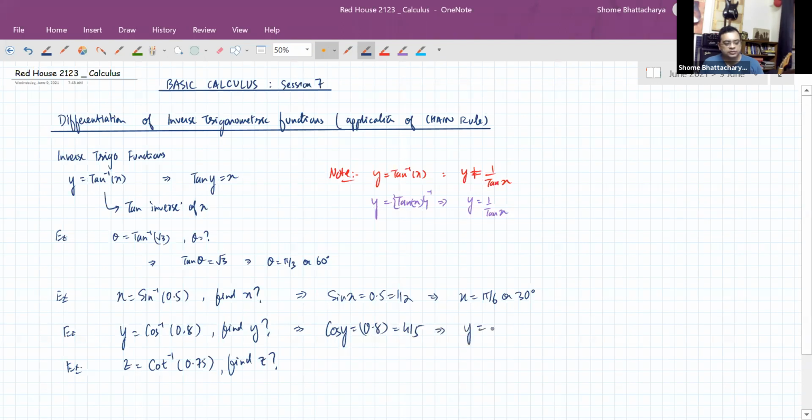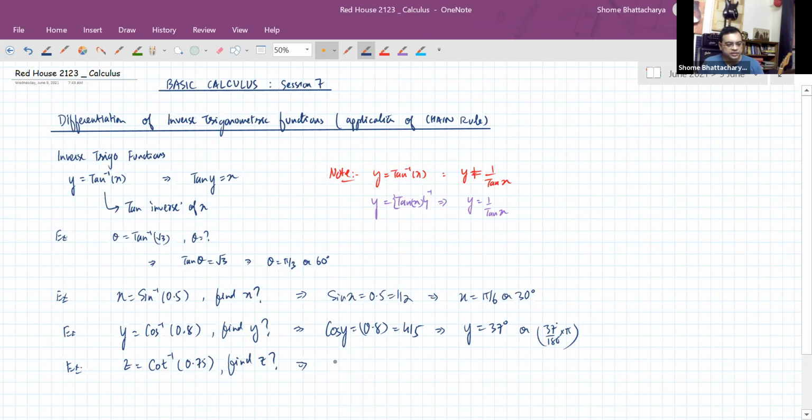So you know that y is equal to 37 degrees. If you want to convert it to radians, it is quite a monster, so better to leave it in degrees.